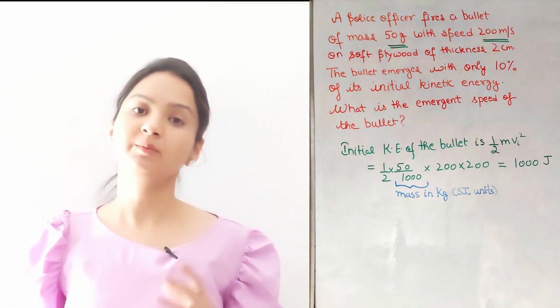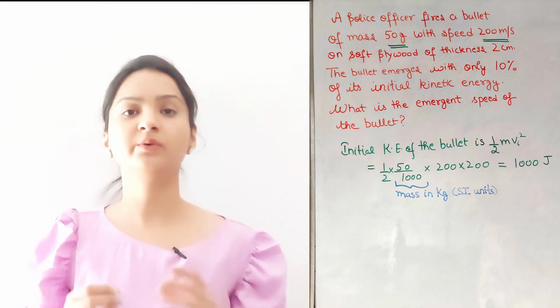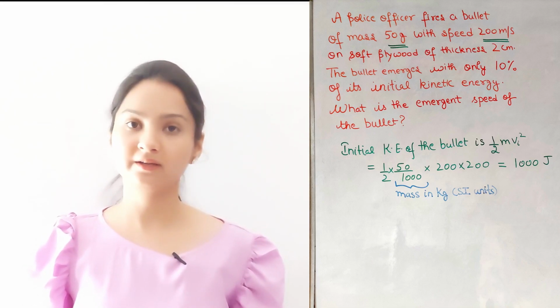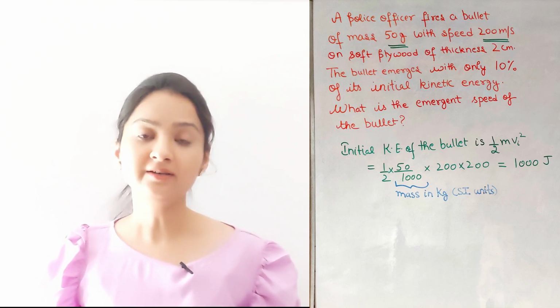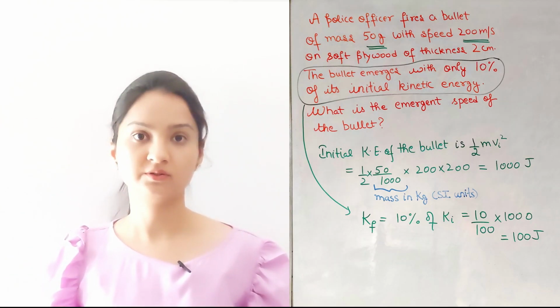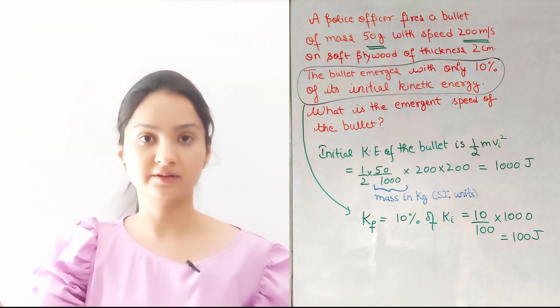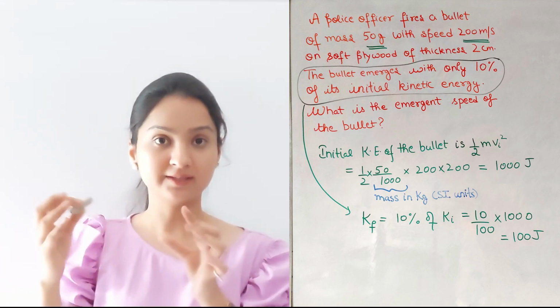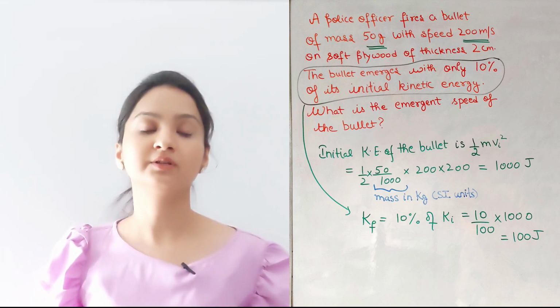So in the problem, the mass of the bullet is also given and the speed with which it is fired is also given. So you can easily calculate the initial kinetic energy. You get a value and the final kinetic energy. What they are saying is that the final kinetic energy when this bullet emerges out of the target is 10% of this initial kinetic energy.